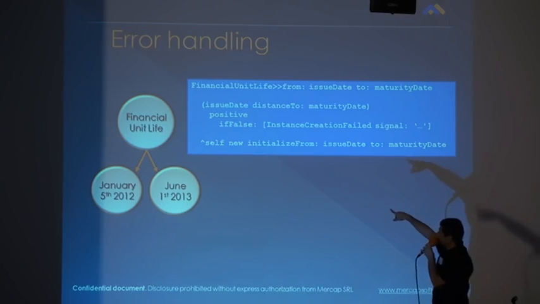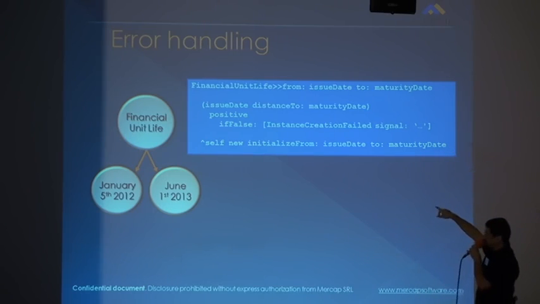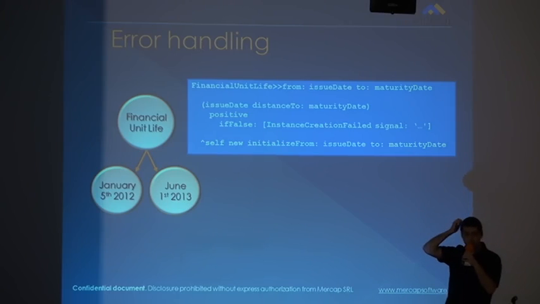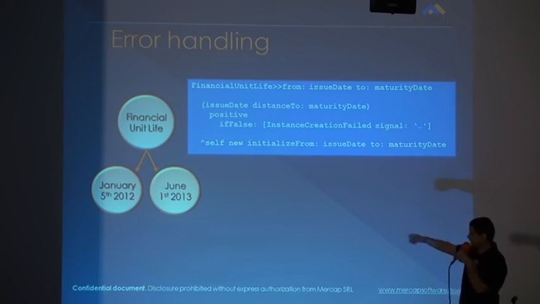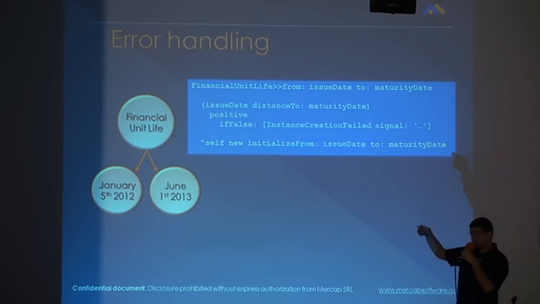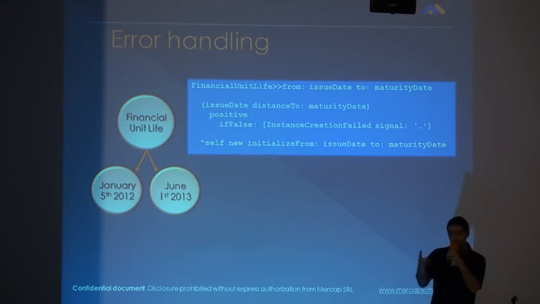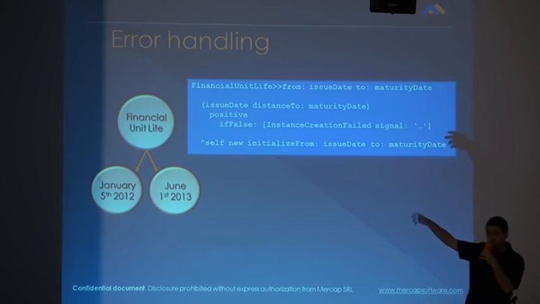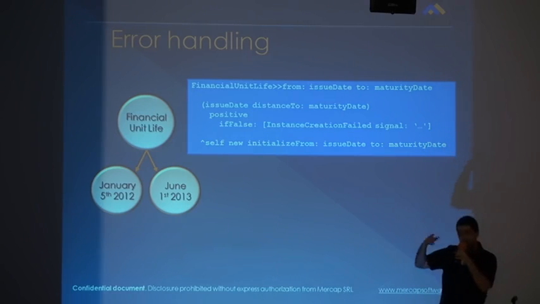And as you can see, if the assertion doesn't pass, we signal an instance creation fail exception. This is a special kind of exception that we handle during model creation. So if the assertion passes, we get an instance of the object which will be valid and complete. And if the assertion fails, the exception is signaled and we don't get an instance of this object.